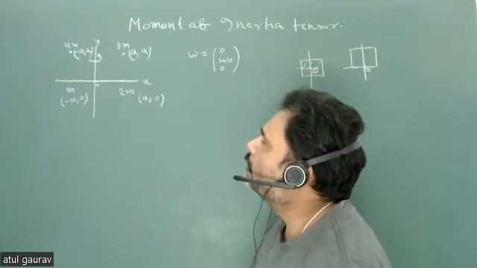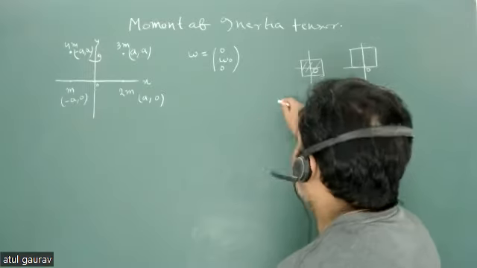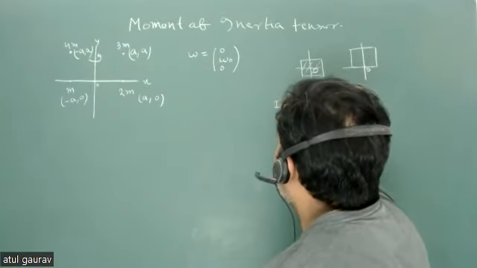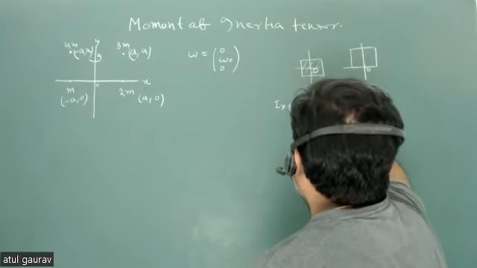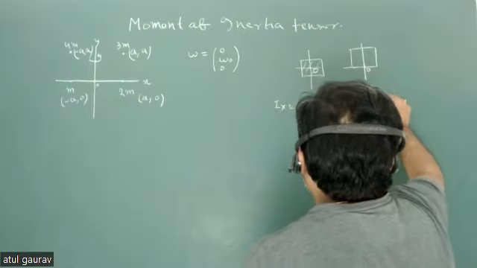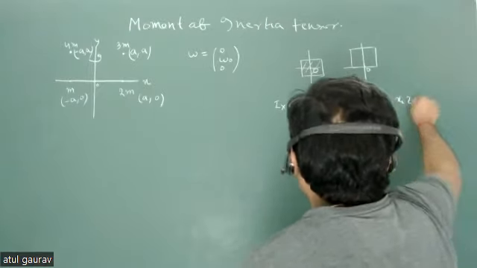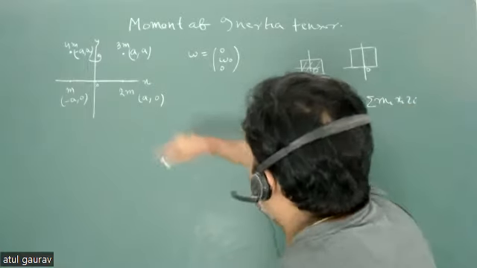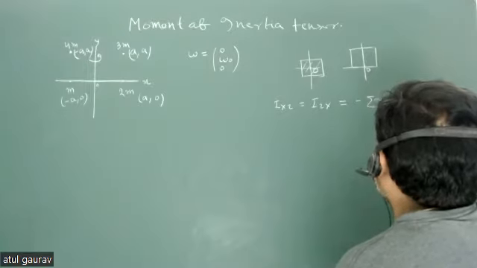Which component will be 0? Z component will be 0. Z component means Ixz is equal to Izx is equal to summation over minus mi xi zi. So for every particular mass, zi is equal to 0. So this is going to 0, isn't it?